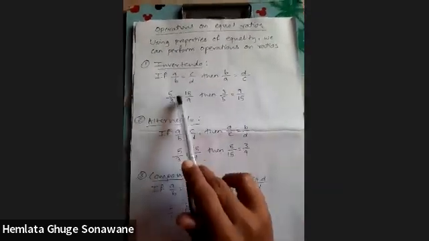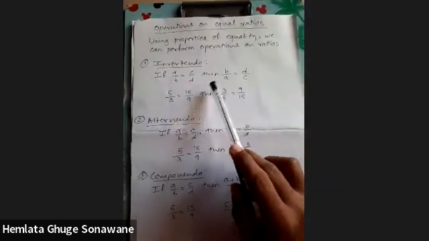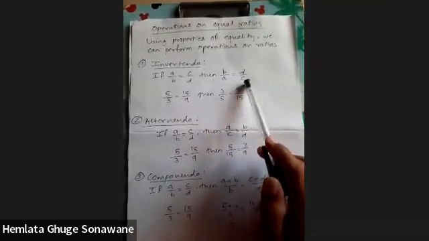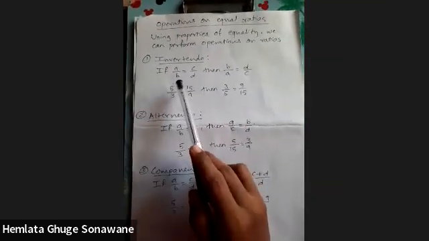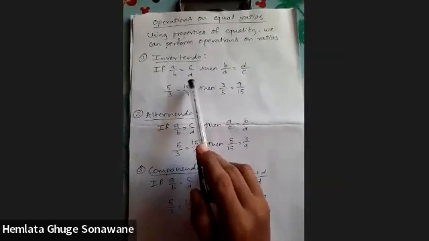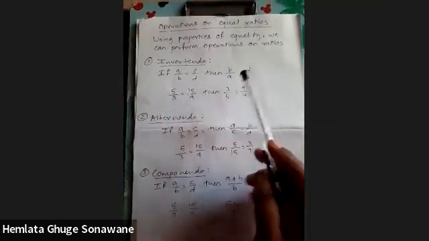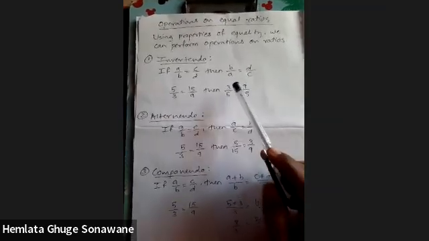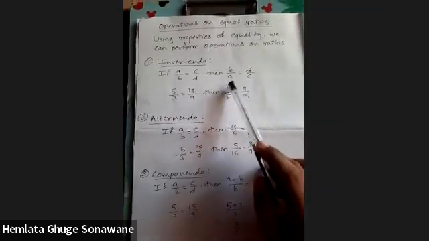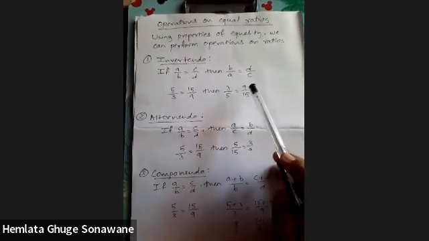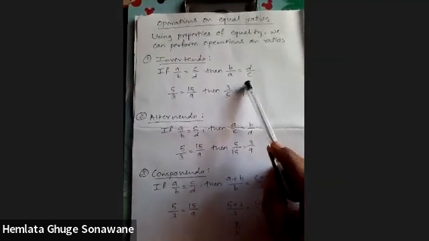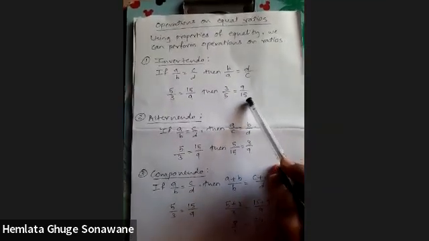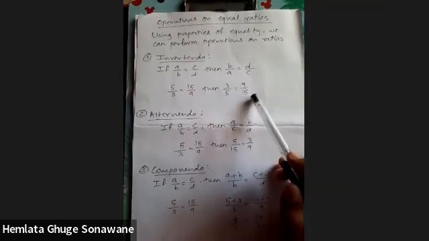If A upon B is equal to C upon D, then B upon A is equal to D upon C. For example, 5 upon 3 is equal to 15 upon 9, then 3 upon 5 is equal to 9 upon 15. If we simplify this 9 upon 15, then it becomes 3 threes are 9 and 3 fives are 15. So it becomes 3 upon 5.